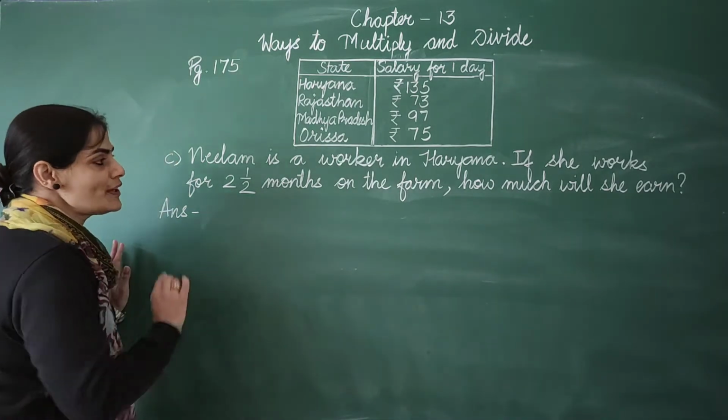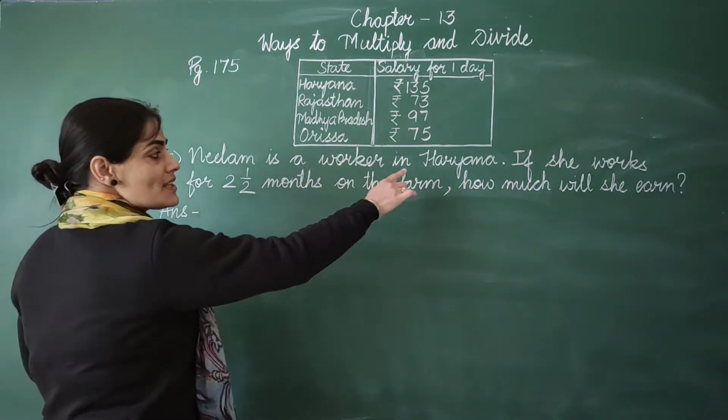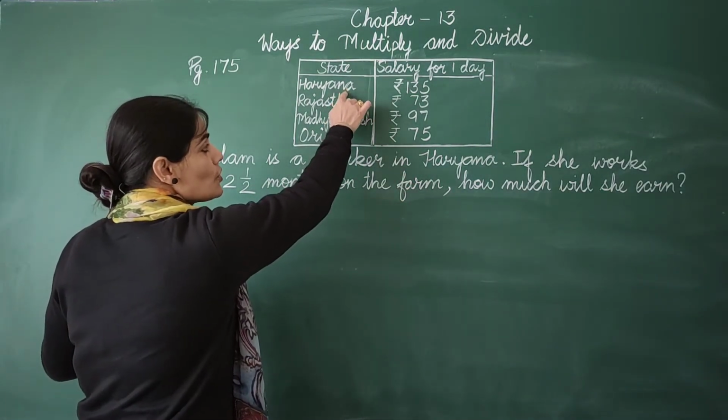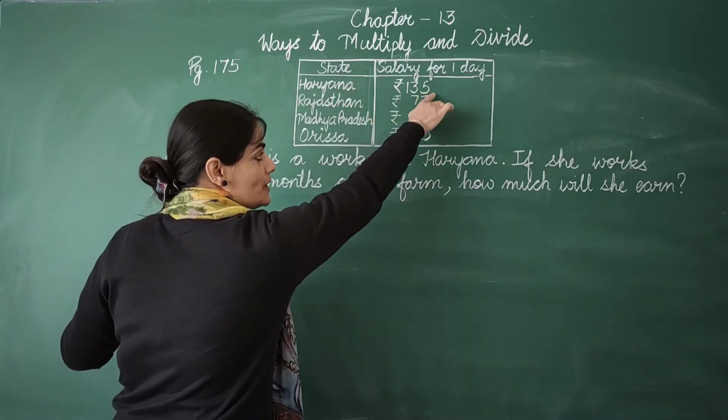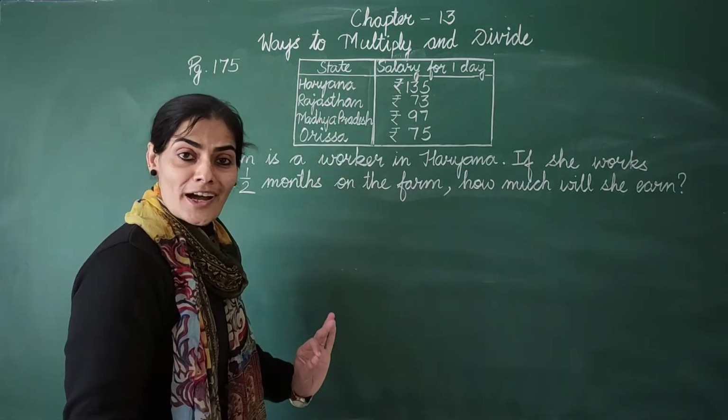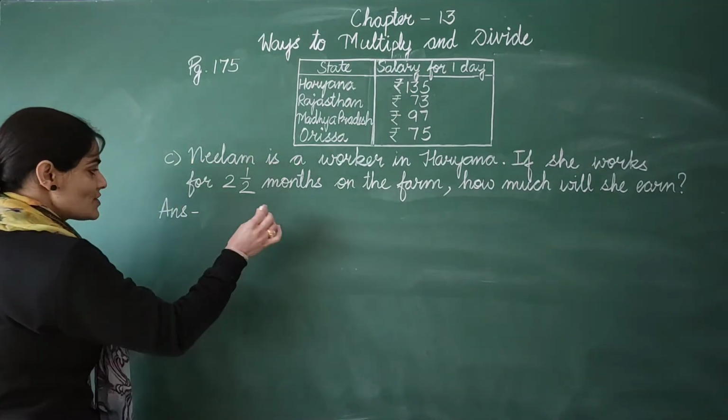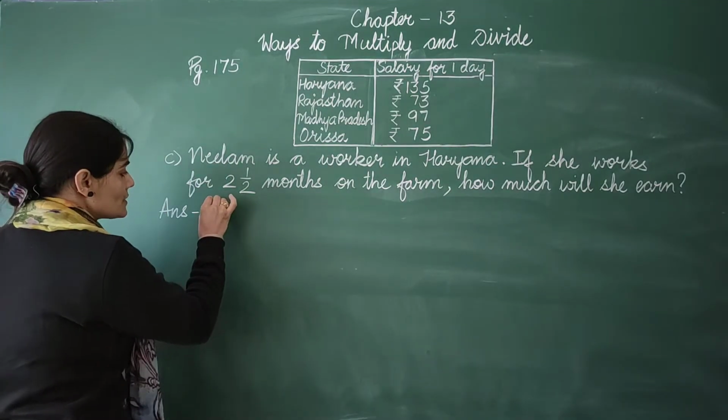So beta, what do we know about Neelam? Neelam is a worker in Haryana. So her salary for a day will be rupees 135. So let's write the given information first.